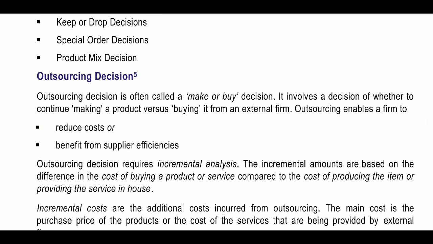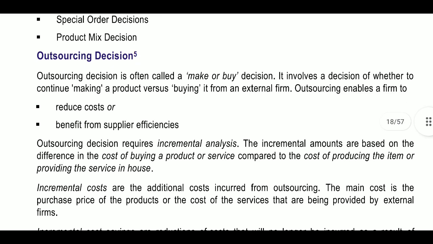Making an outsourcing decision is a decision where, if you want to manufacture something, you can manufacture on your own or you can outsource that product to other persons. For this decision, we must see the outsourcing for the two alternatives.